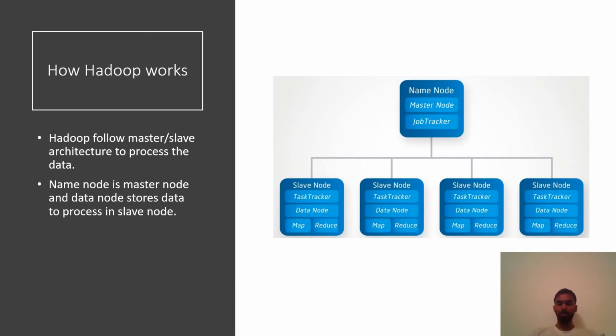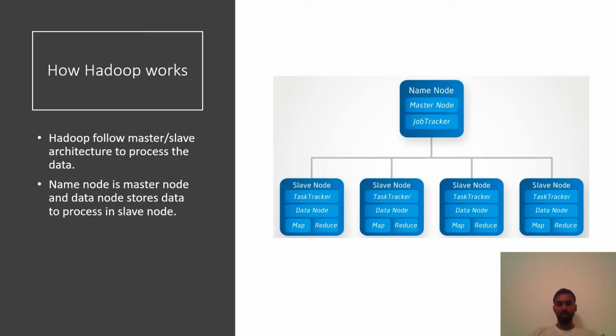And then the task of the master node is to tell the slave node the task to do. Each slave node has a data node where the data is stored: the IP address, the messages, and the data link, and everything is stored in the data node.